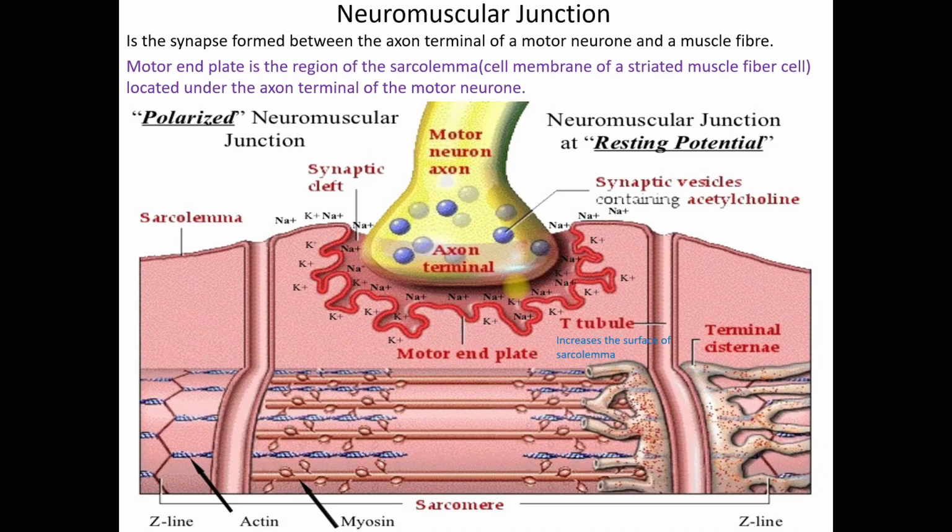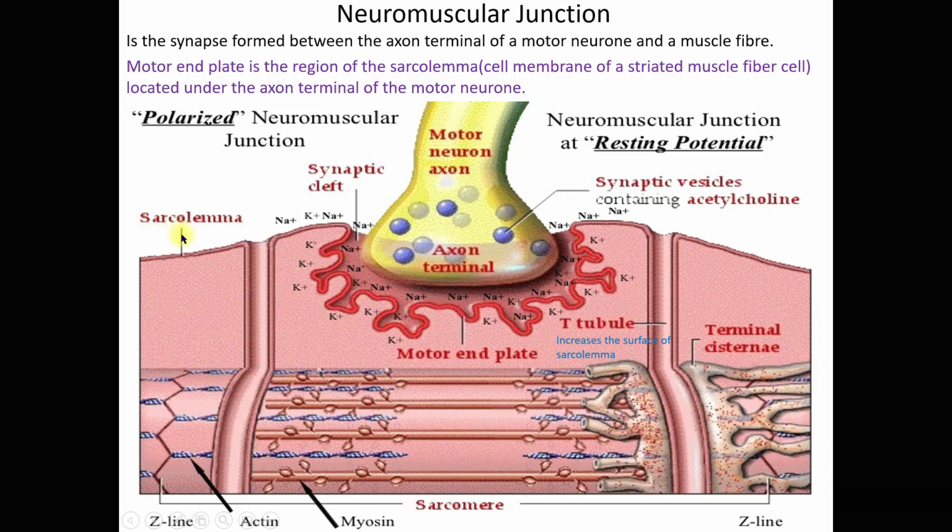Motor end plate. So before I go to motor end plate, apparently this is the neuromuscular junction. And then the plasma membrane of a myocyte is known as sarcolemma. This name is given for the plasma membrane of a muscle cell.